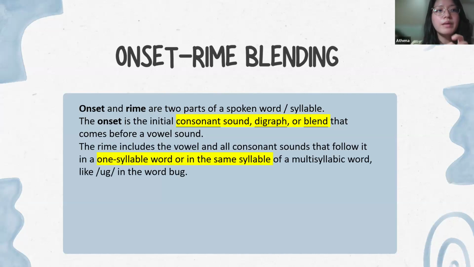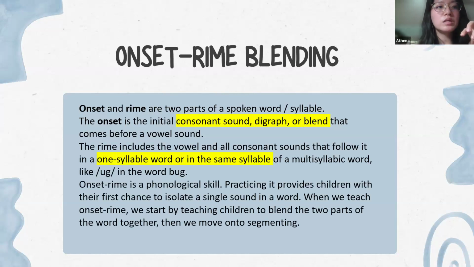Okay, and the rhyme includes the vowel and all consonant sounds that follow it in a one-syllable word or in the same syllable of a multisyllabic word. So like ug in bug, ug is the rhyme and b is the onset. So that's the basic concept for onset and rhyme.